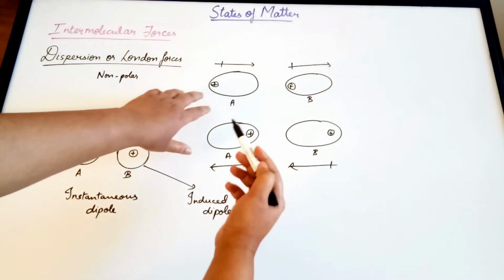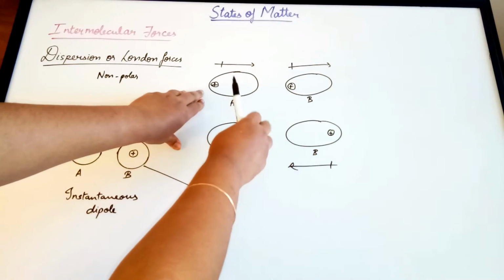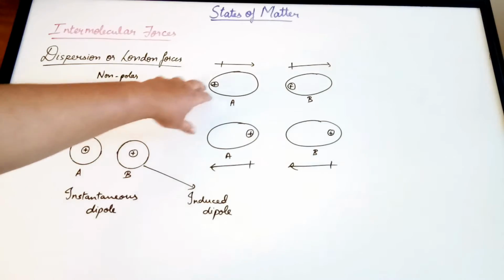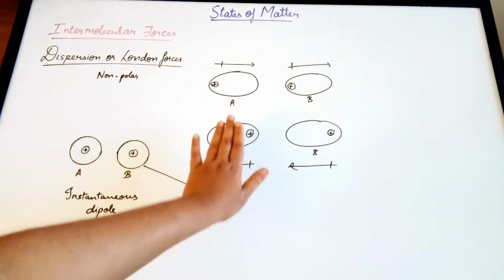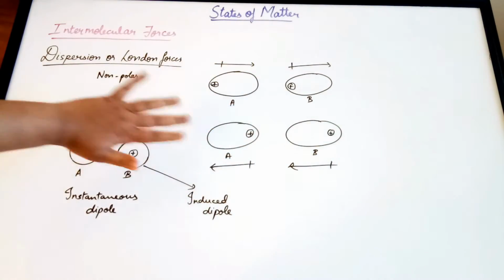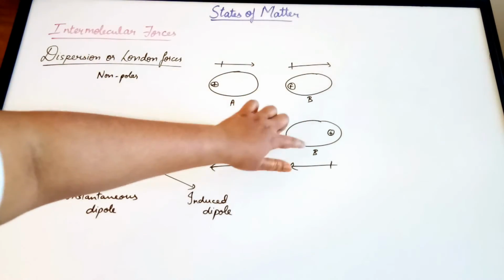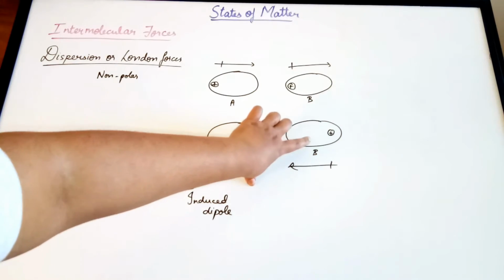Now, when the electrons are moved to the right, then obviously our nucleus is getting displaced to the left. These two cases are of the instantaneous dipole, whereas these two are of the induced dipole.